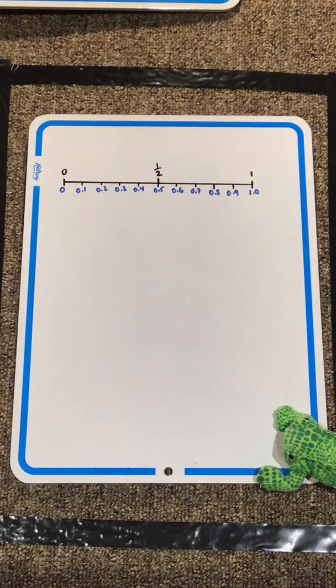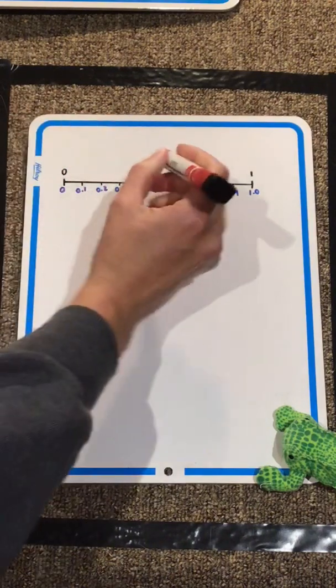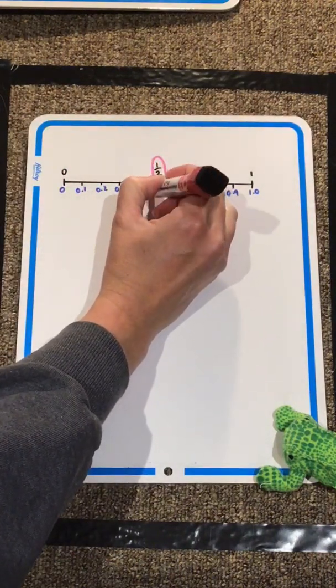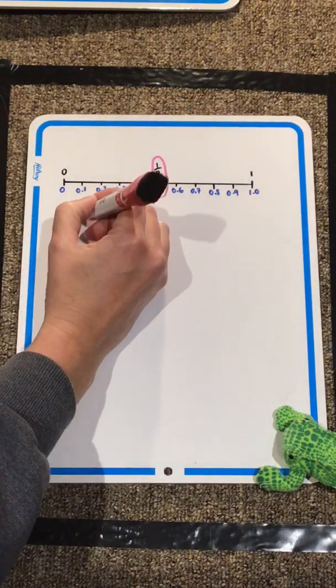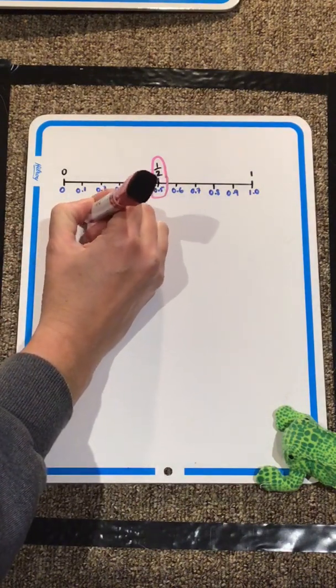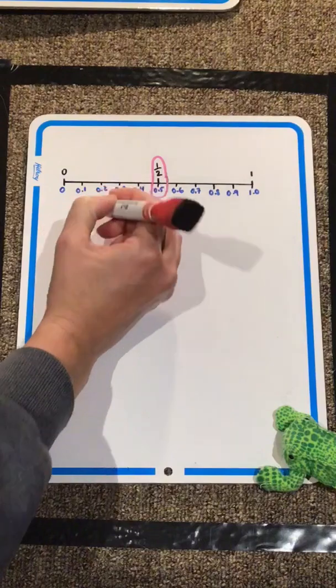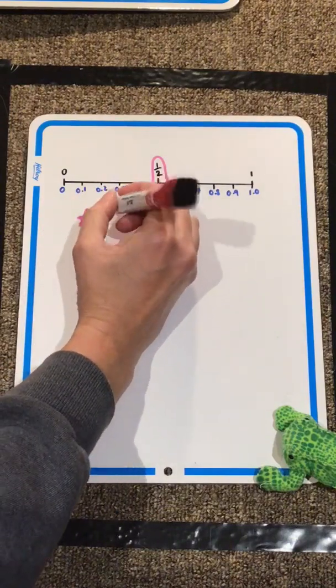Kind of the fun thing that I've tried to point out a couple of times takes place right here, where you might notice that 1/2 and 0.5 happen at exactly the same place. So there is a big, fat, fancy math word for when two numbers mean the same amount.